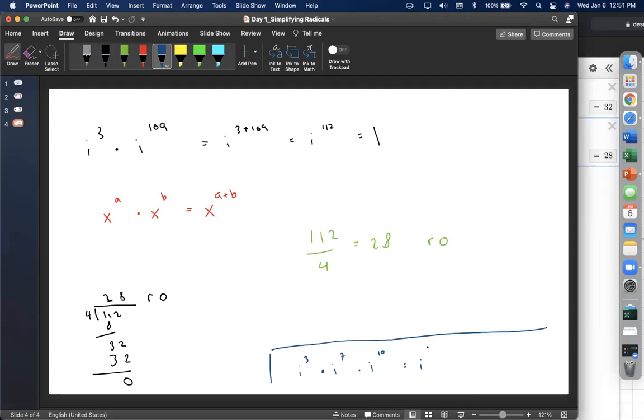So that becomes i up to the 3 plus 7 plus 10. And that equals i up to the 20. And 20 divided by 4 gives me 5. 5 is a whole number, so we know there's no remainder, and this would equal 1.